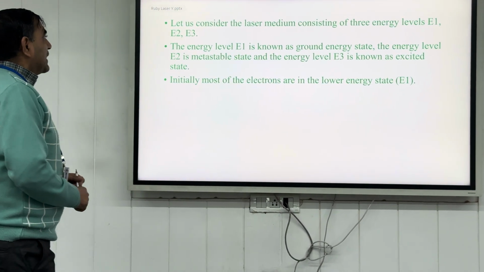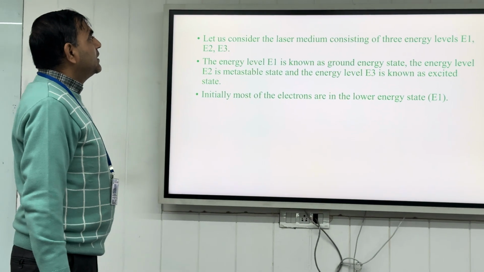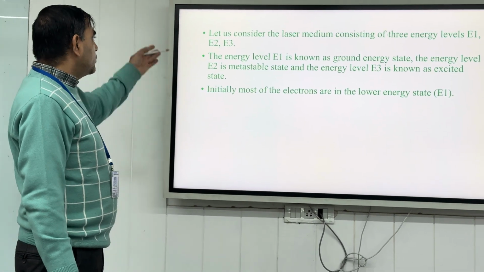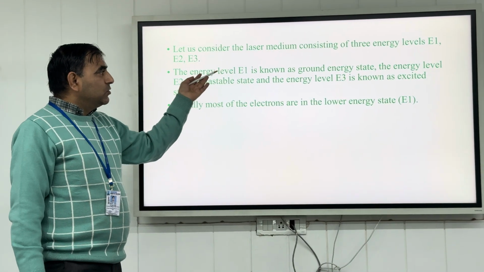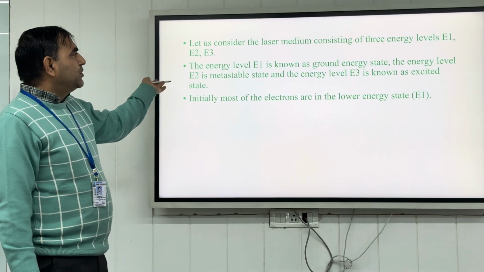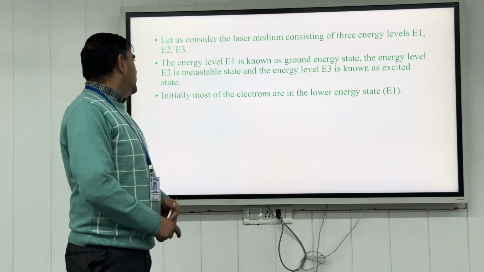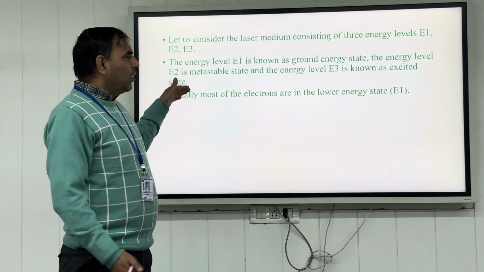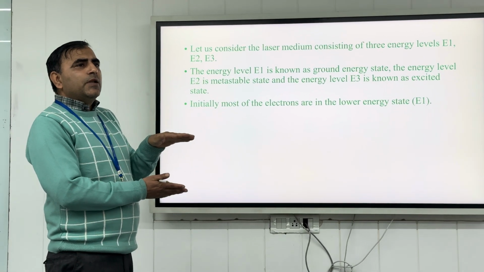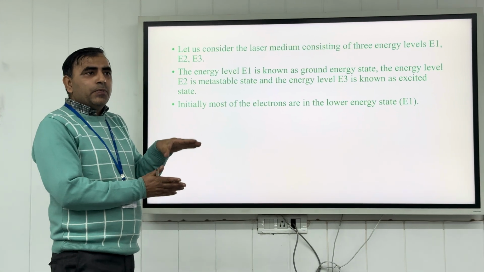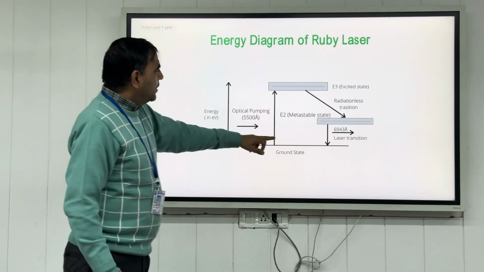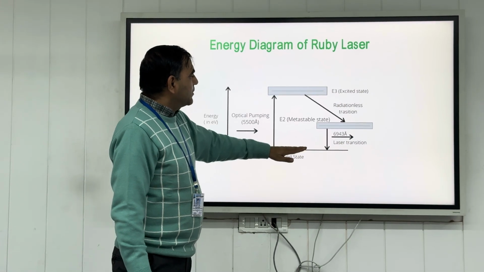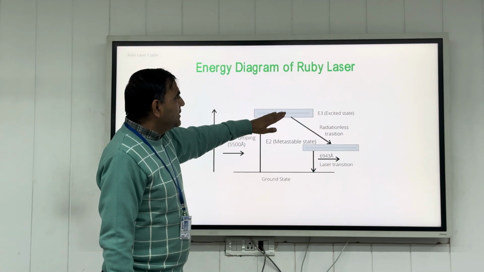So this is the energy diagram. Let us consider the laser medium consisting of three levels: E1, E2, E3. The energy level E1 is the ground state, E2 is metastable, and this is the E3 state. Initially all the electrons are in the lower energy state. When we provide energy with the xenon flash tube, atoms go to the higher energy state.